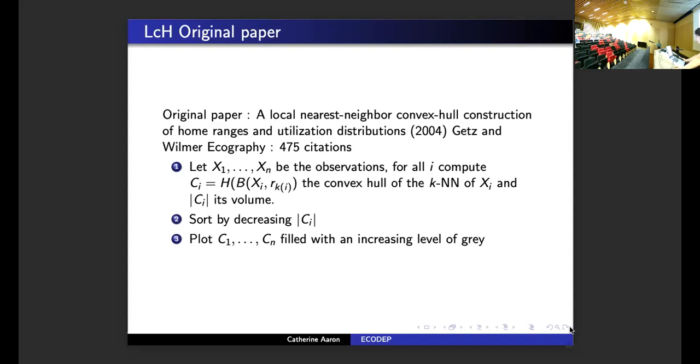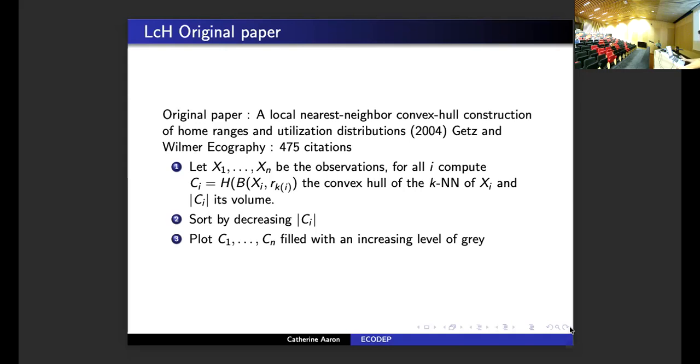It has 475 citations, which is a number I think I never had on all my papers in all my life, and it's not mathematical at all. They propose a method to estimate home range and core area of animals, and they just describe an algorithm.